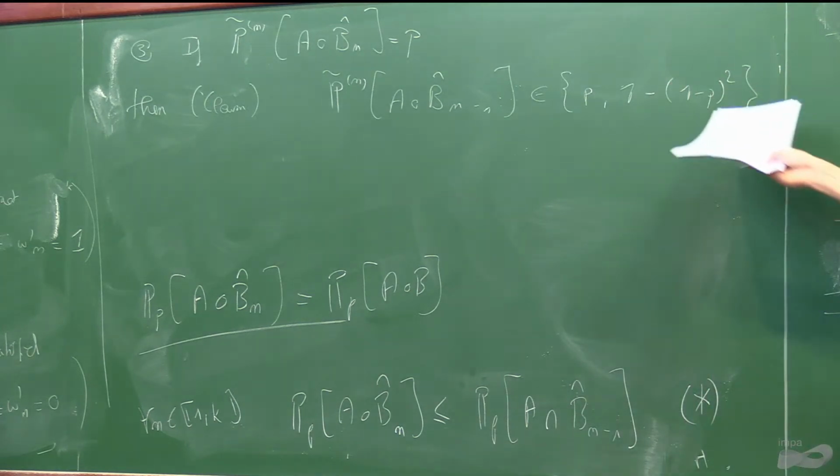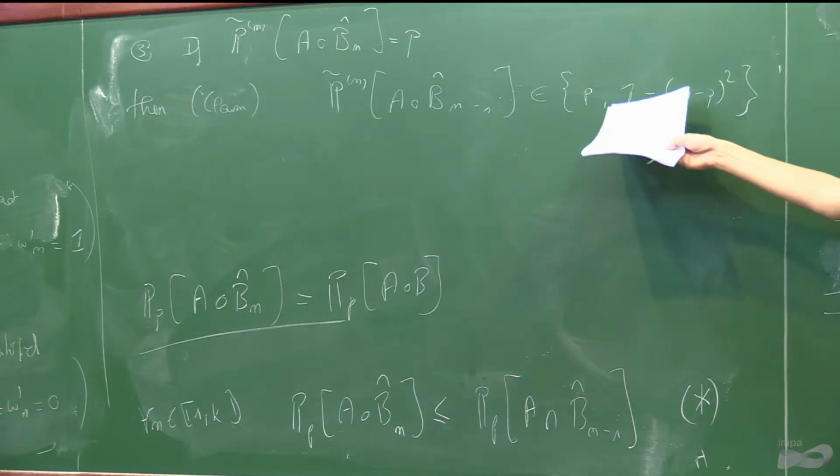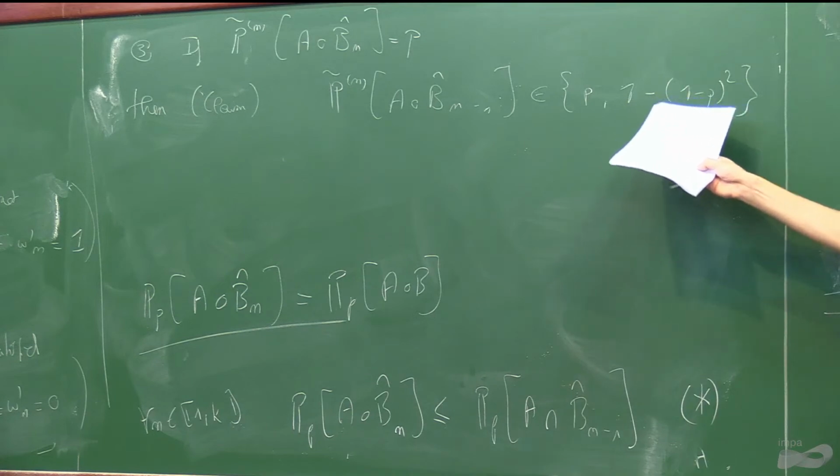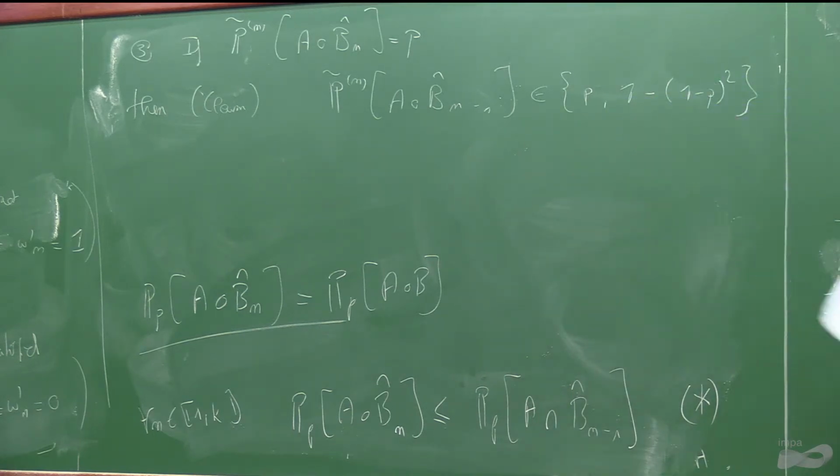Okay, and this is larger than P. Okay, because P is exactly this without the square. So if you're taking the square, you're subtracting something smaller. And to see this, you have to come back to this definition.